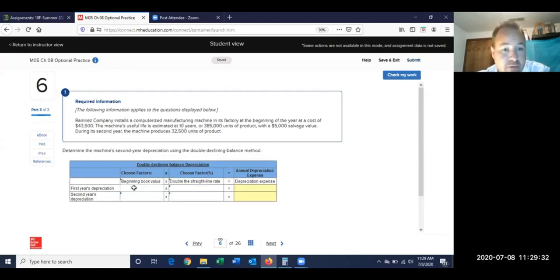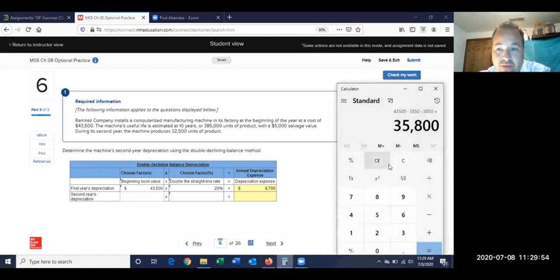All right, beginning book value for year 1 would simply be 43.5. We don't do anything with salvage value. Double the straight line rate, we talked about that, that's 20. And it does the calculation for us. This would have been my depreciation expense for year 1. Now, year 2, I can't use 43.5.